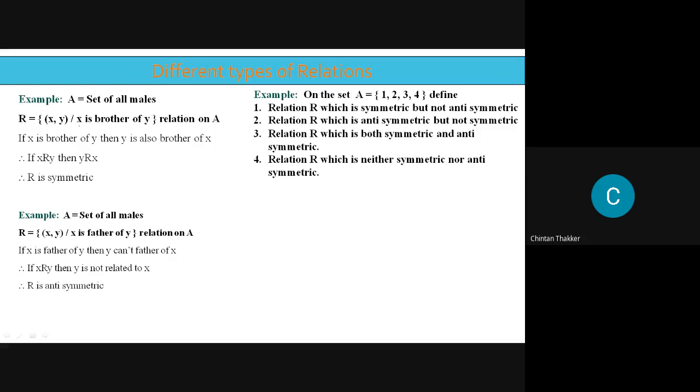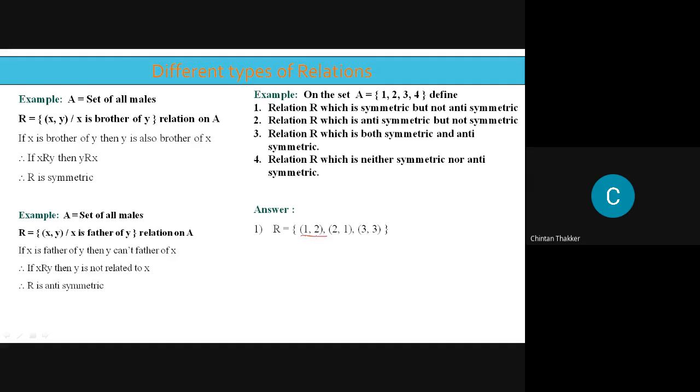For the first one, we require R which is symmetric but not anti-symmetric. So we take R equal to this. When we require the symmetric relation, we take an ordered pair and its reverse ordered pair both in the set.